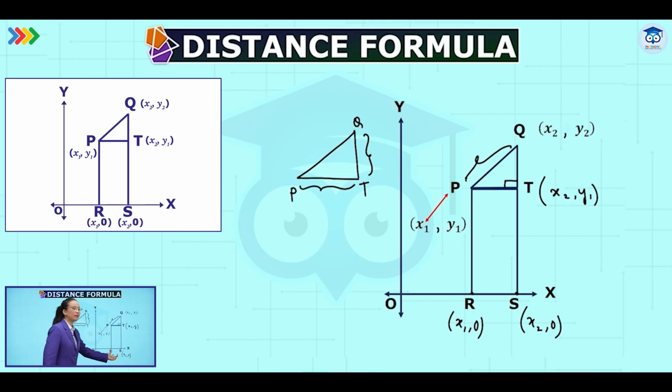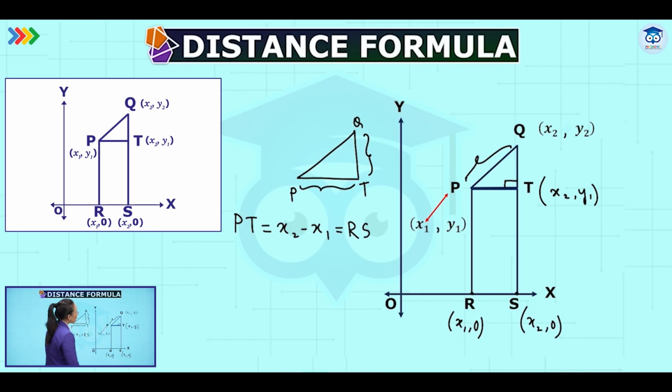So it's okay, we find the value of RS or SR. We are talking about distance, right? So when we calculate this, we have x2 minus x1. So PT will be x2 minus x1, because it is equal to RS, right? We are talking about distance now.